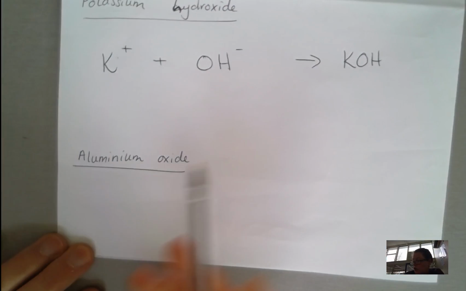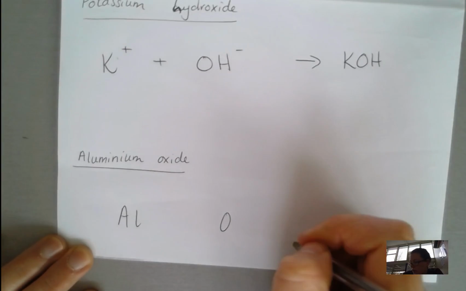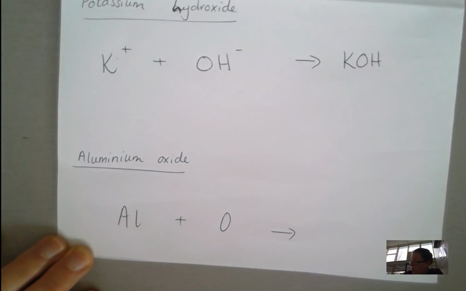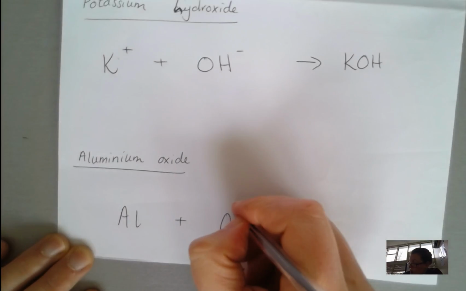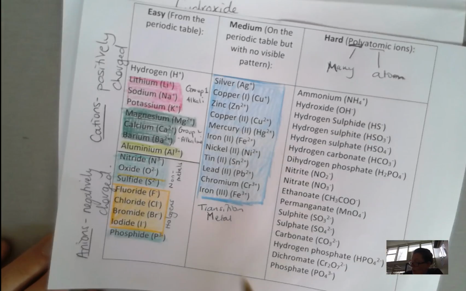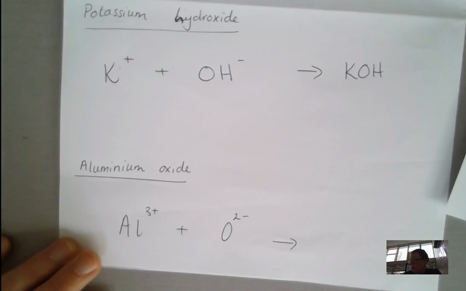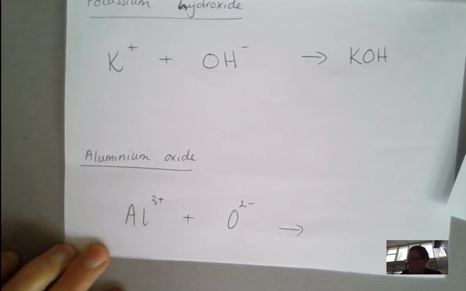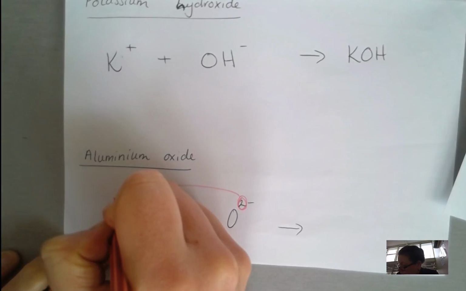The next one is aluminium oxide, so you're going to have aluminium and oxygen, and hopefully at this point you've got oxygen down pat. Oxygen, if we look at its charge, is 2 negative, so it gains 2 electrons. Aluminium loses 3, and this is where we need to be a little bit tricky. A simple way of doing this is to cross multiply, and you might have heard that term in maths.